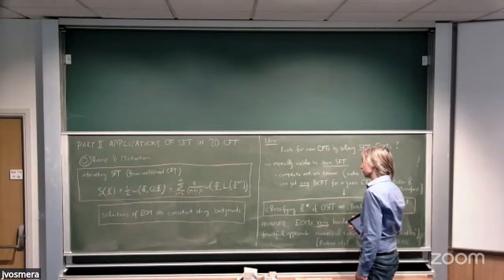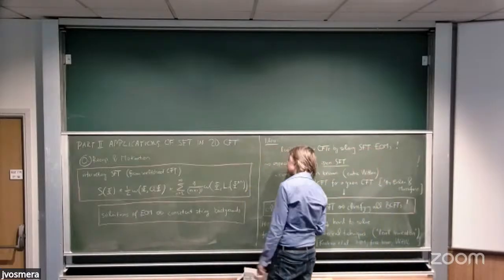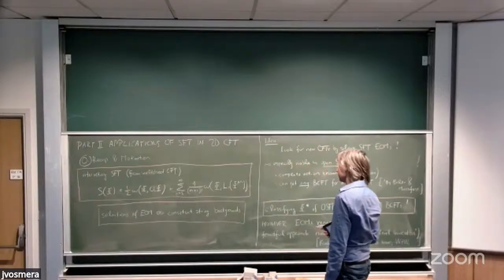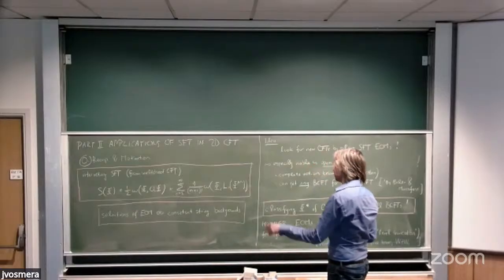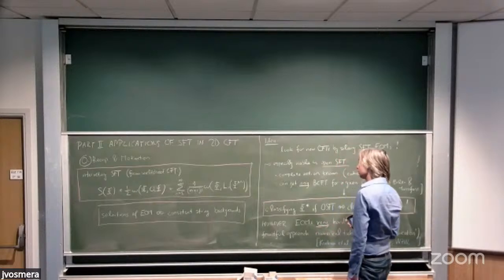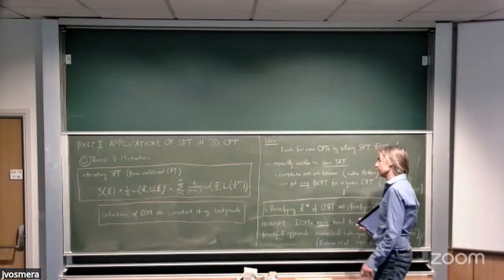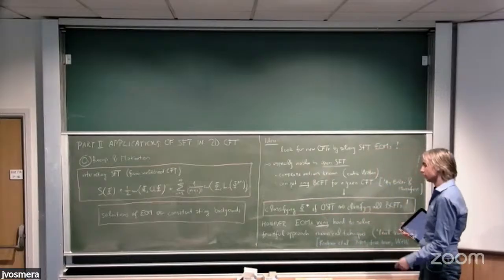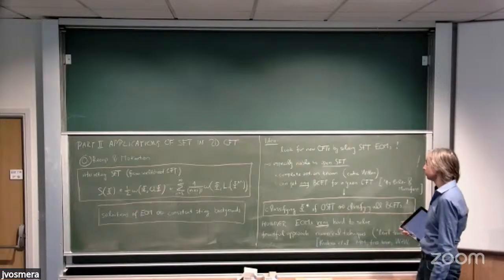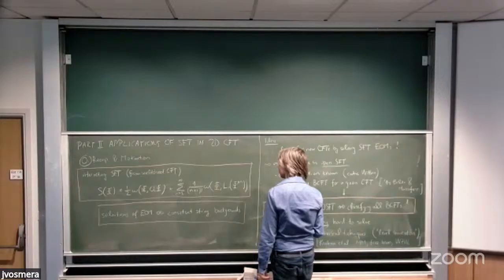The string field, that is something which we discussed during the first lecture. That was a generic state, like a combination of states in the Hilbert space of the worldsheet CFT at a particular ghost number. So the worldsheet CFT was in turn a combination of a matter CFT and a bc ghost CFT. That's where the ghost number comes in.